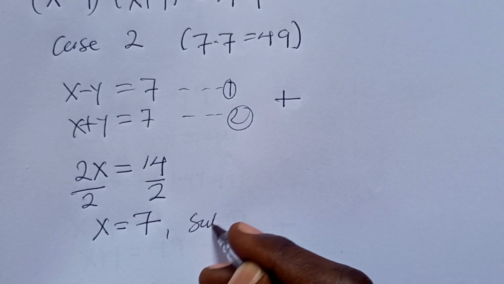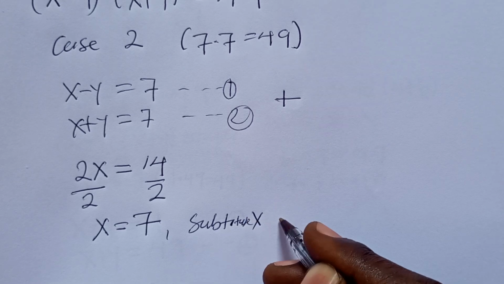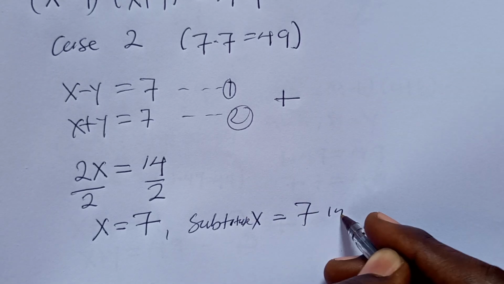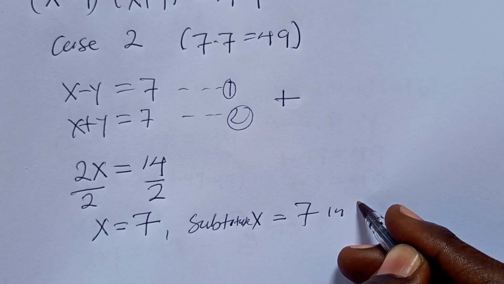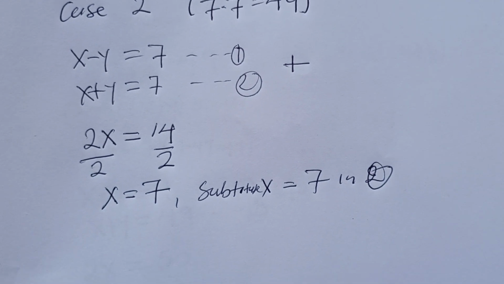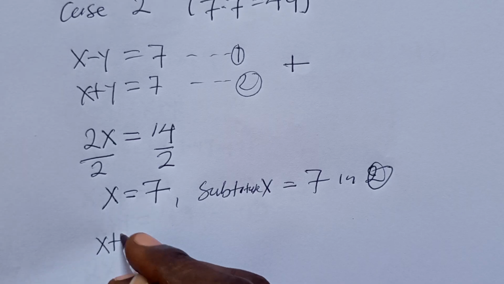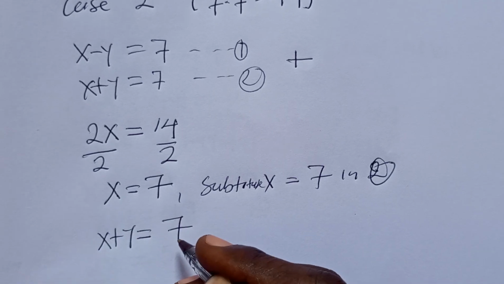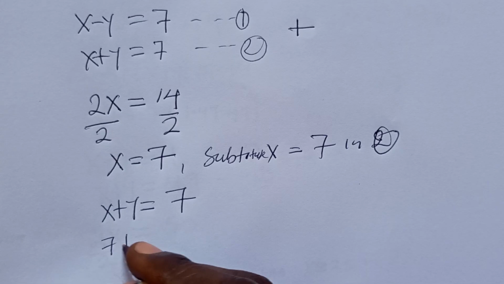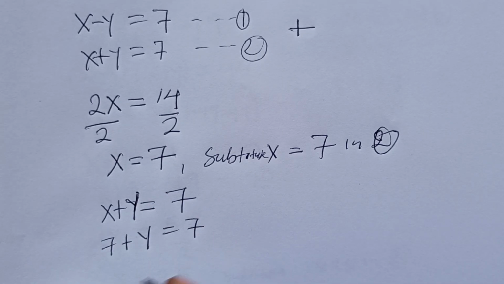So let's substitute x equals 7 in equation 2. So let's substitute x as 7 in equation 2. So x plus y equals 7, so our 7 plus y equals 7.